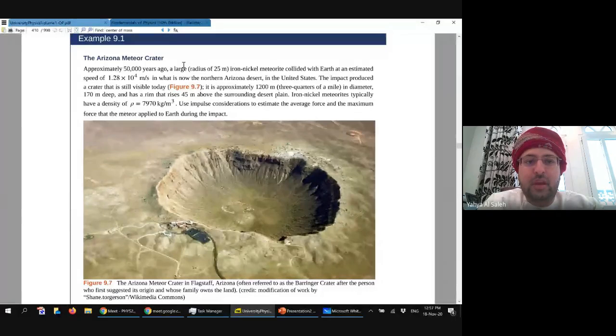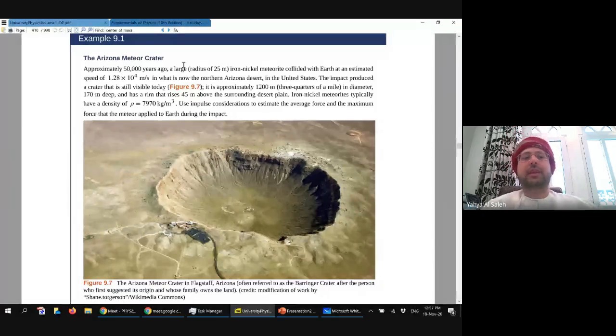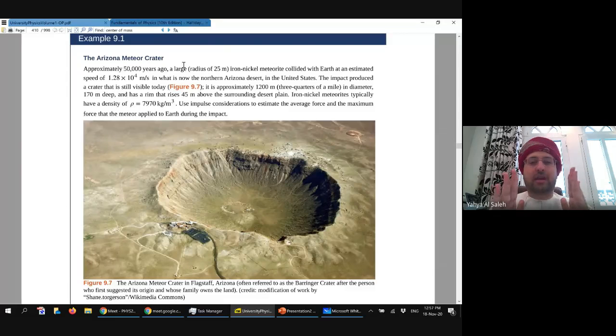Now, this crater is around 1,200 meters in diameter. Although the initial meteorite was only 50 meters in diameter, the crater is around 1,200 meters across, so you're talking about 24 times the size.